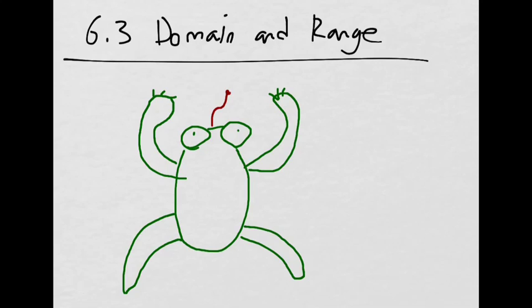Think back to the equation that we had last day: d equals 2 times n, where d was the total distance that the frog jumped, and n was how many times he had jumped.